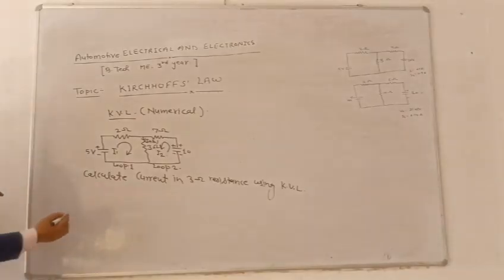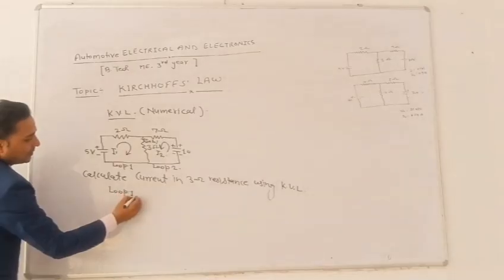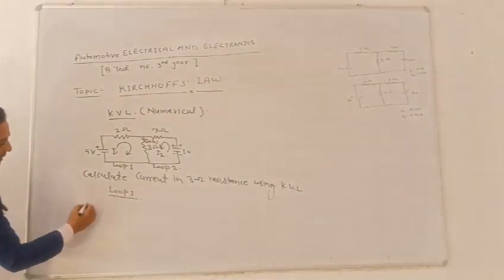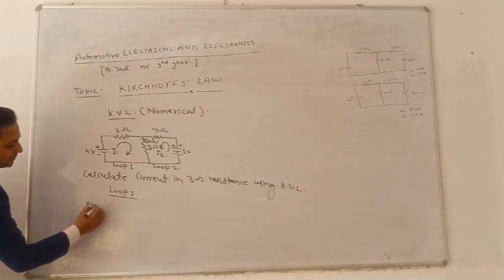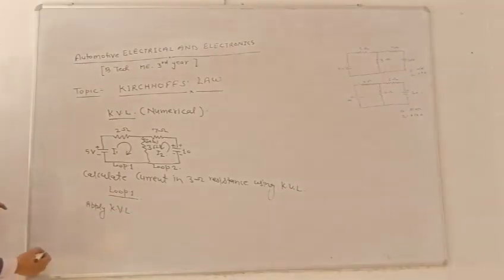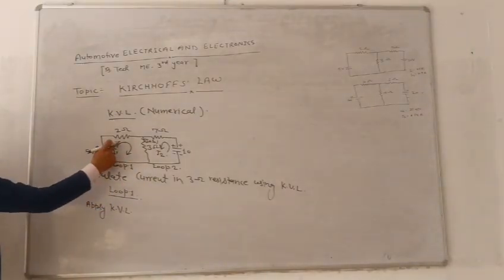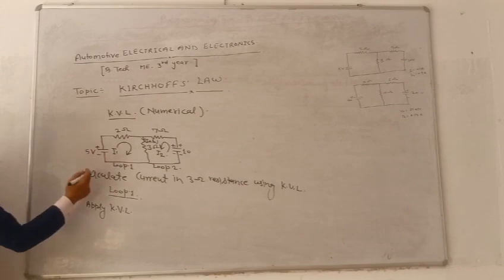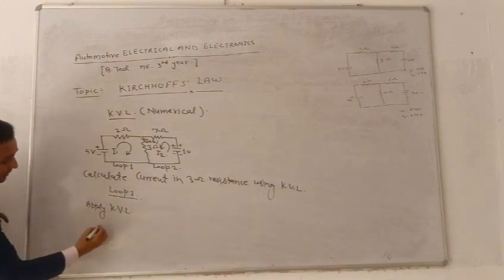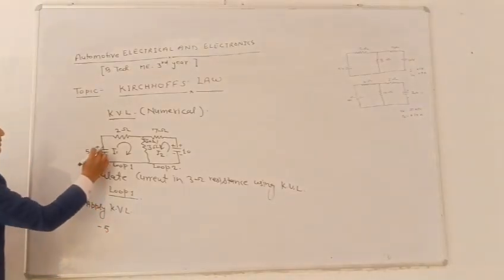We can take loop first and apply KVL. The direction of current enters at the negative sign firstly, so we take negative sign, -5.